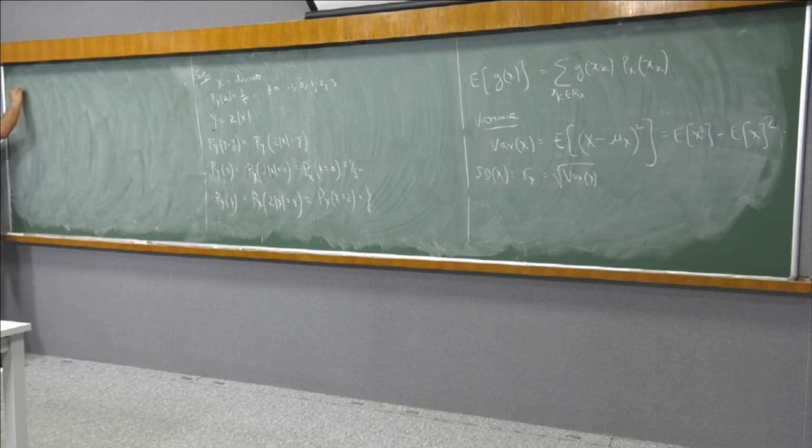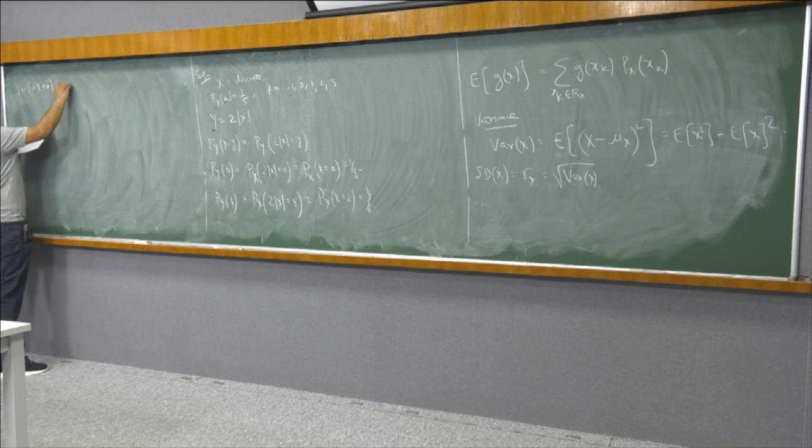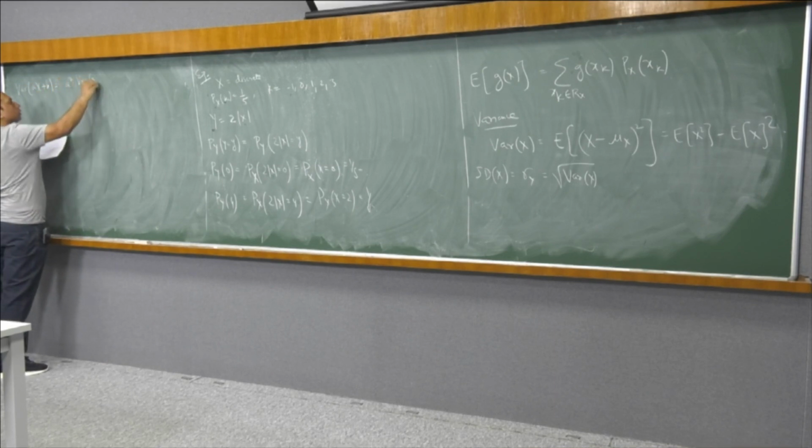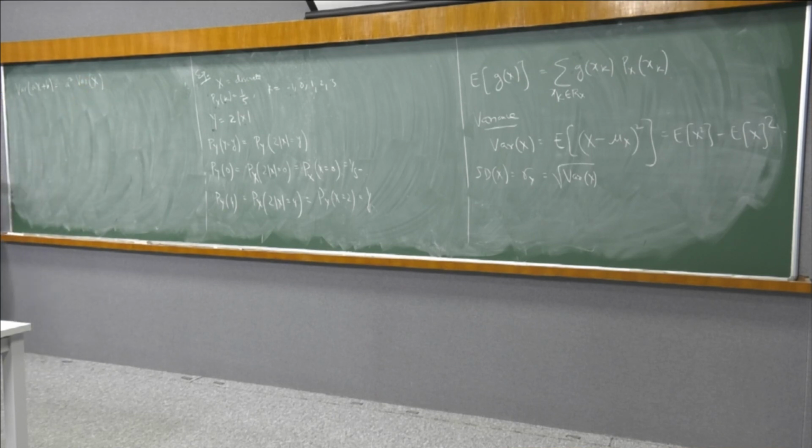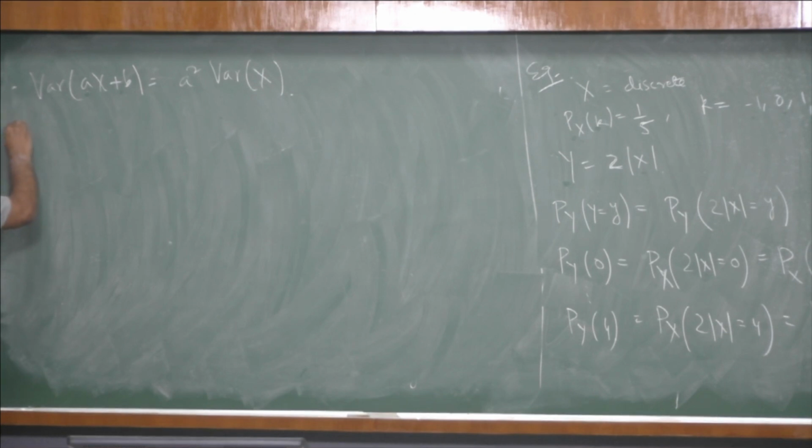Variance of aX plus b is a squared times variance of X. It's interesting to note that the variance of a constant will be 0. You can check from there also. And for a, what it does is make it a squared. So these are the formulas you can just keep in mind.